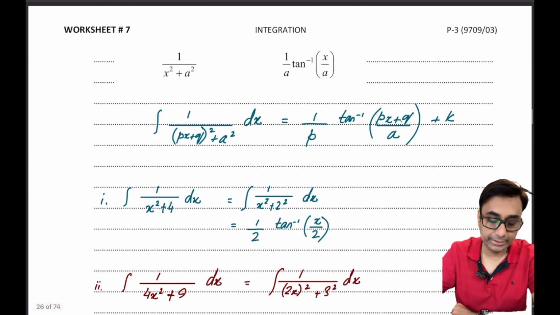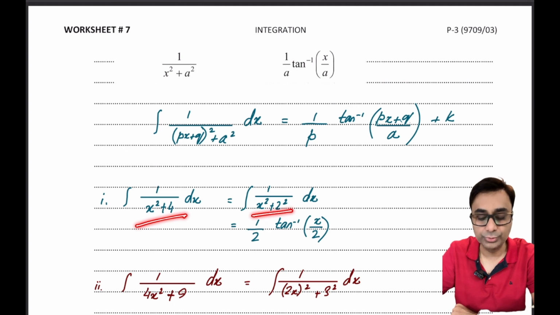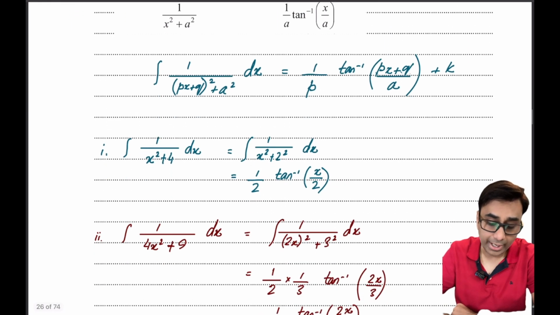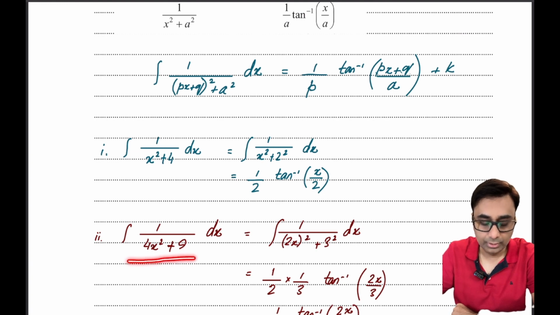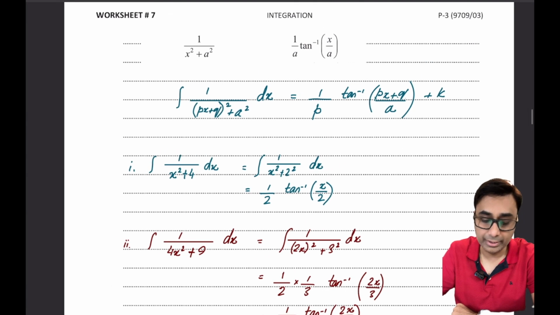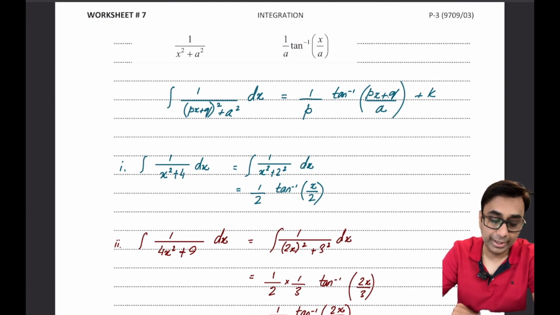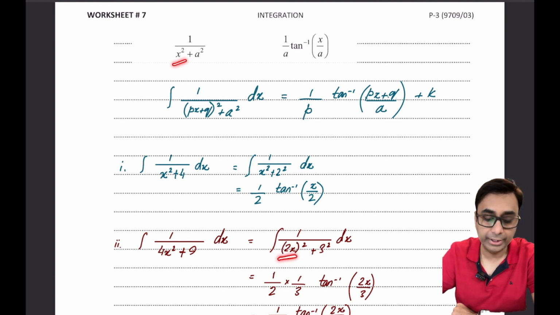So you can see one example is I have to integrate 1 upon x squared plus 4. I rewrote it as 1 upon x squared plus 2 square, and that becomes 1 upon 2 tan inverse x upon 2. Looking at another example, I have 1 upon 4x squared plus 9. So now this 4x squared can be written down as 2x whole square, and then I will recognize it as a situation where x is replaced by some linear function.